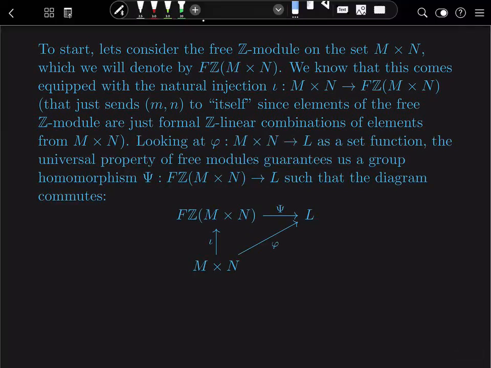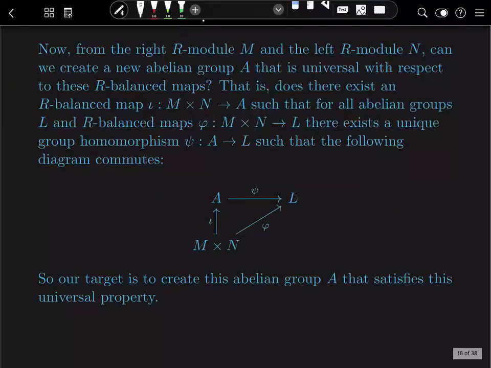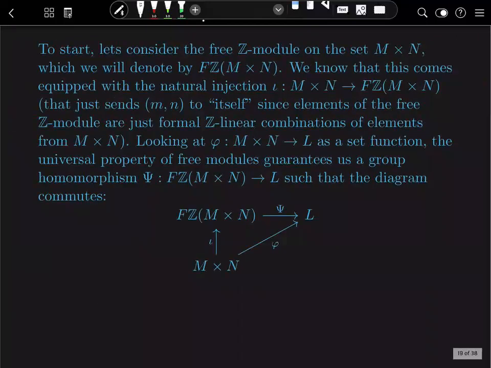Now we have this map that we have here. This map is going to be an R-balanced map. We're going to take that as given. So we have an R-balanced map phi from M cross N into L, our abelian group. And by the universal property of free Z modules, or just free modules in general, this gives rise to a new morphism, capital Psi, that maps the free Z module into L, such that the diagram commutes, right?